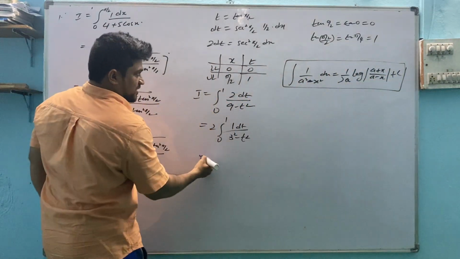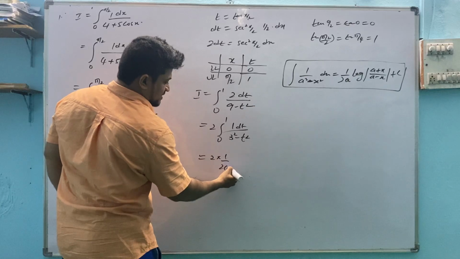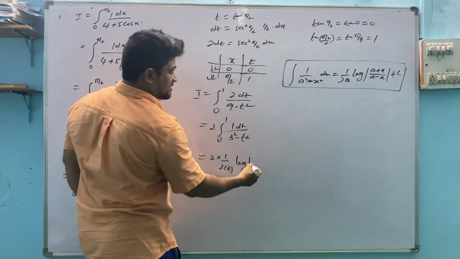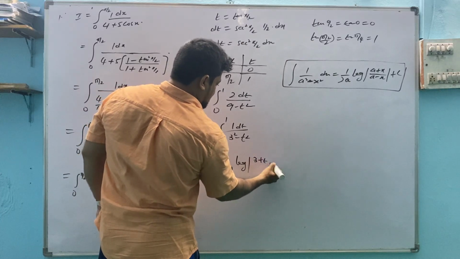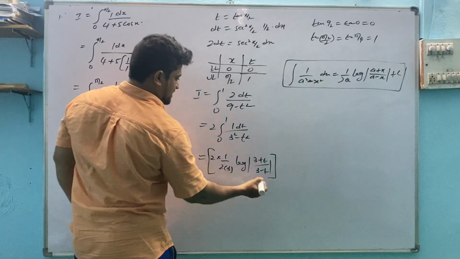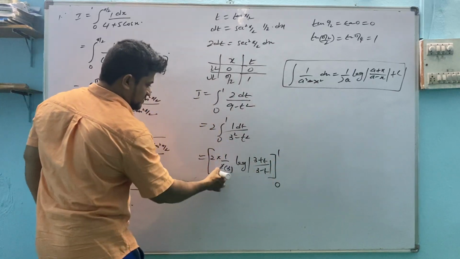So here 2 into 1 by 2a log mod, where a is 3 and x is t, (a plus x) by (a minus x), plus c, from 0 to 1.